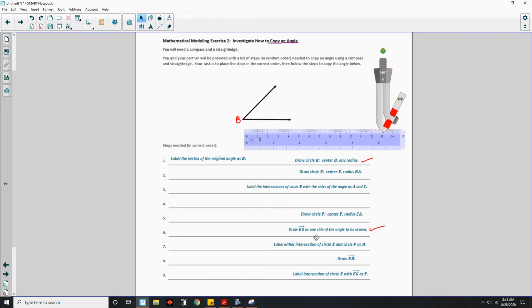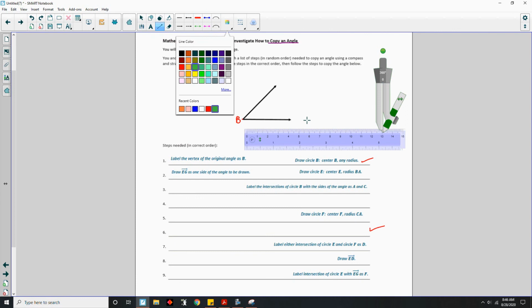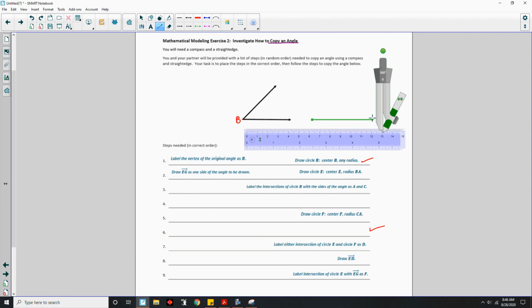Okay, so I'm going to do this one first. So I'm going to draw a ray. I'll make it green. And I'm going to start it here. And I'll just go out like so and have it be horizontal. Okay, so if you were to do this with paper, obviously I've got a program that draws it.